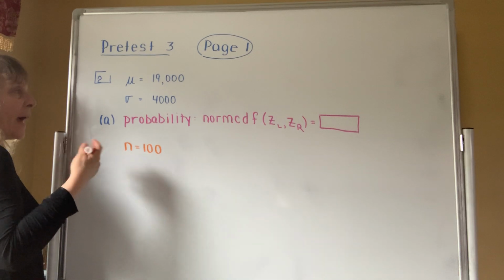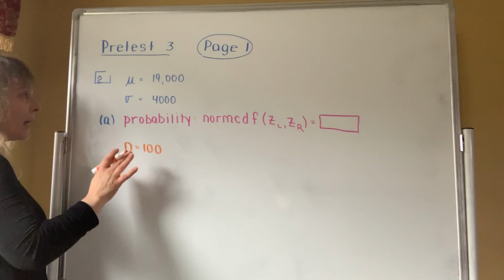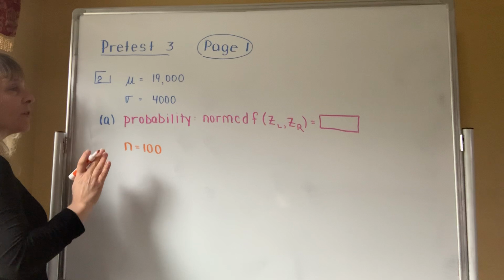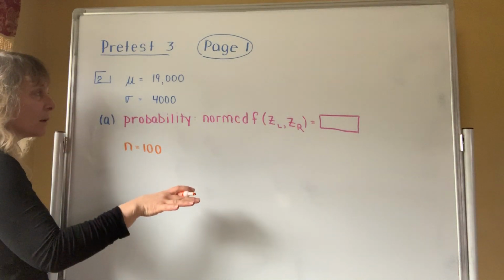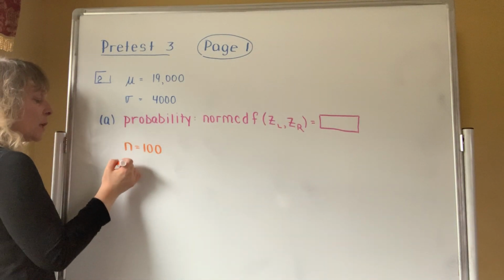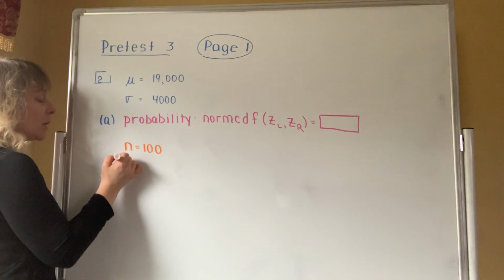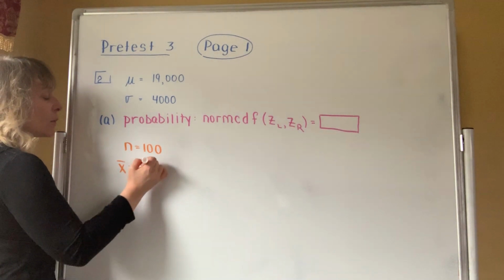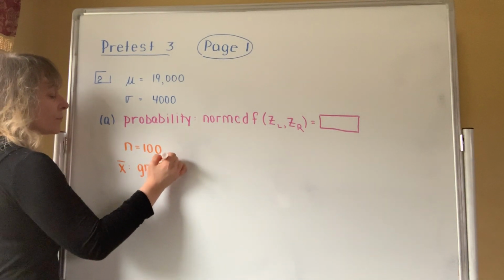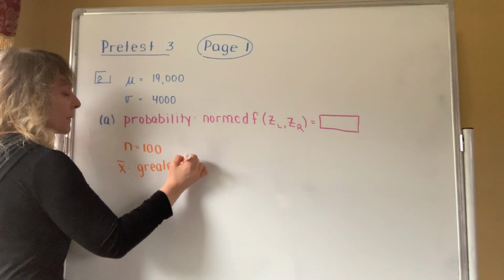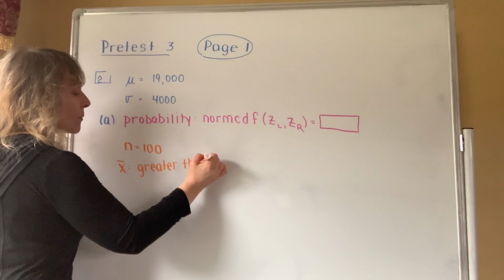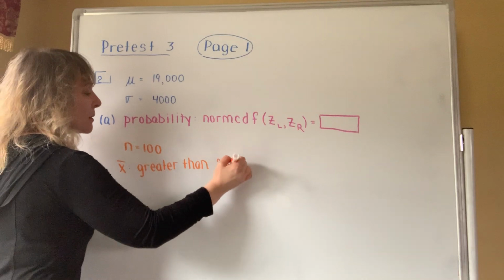So their average debt is not $19,000. Their average debt is going to be greater than $20,000.